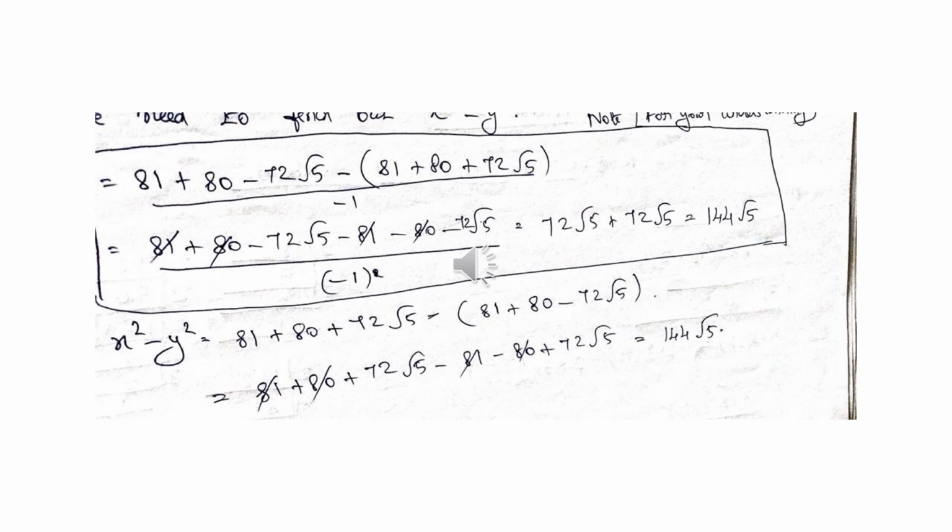Okay, so again we need to rationalize the x term, then rationalize the y term. After that we need to apply the formula x squared minus y squared. We know x squared minus y squared is equal to a plus b into a minus b. So the final answer we are getting is 144.